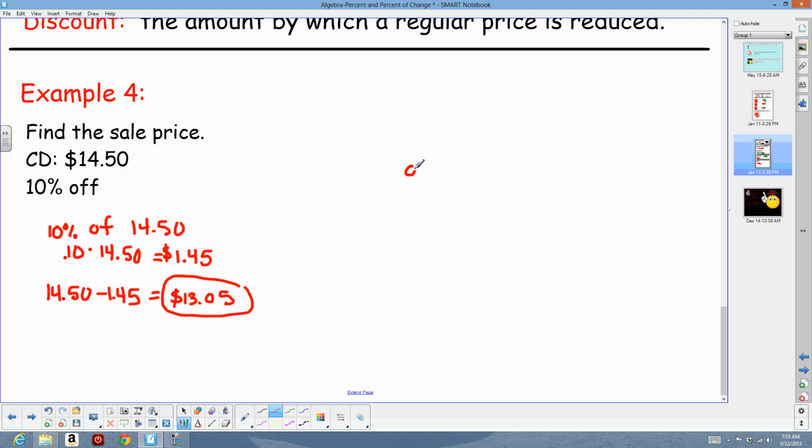So if we want to figure out 90% of 1450, it would be 0.9 or 0.90 times 1450, and that would bring you right to $13.05.